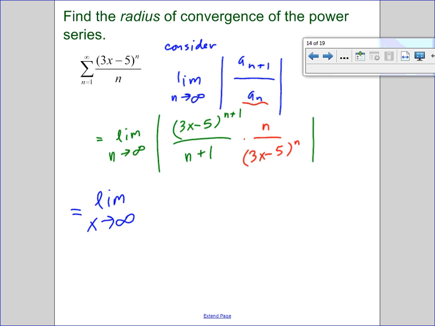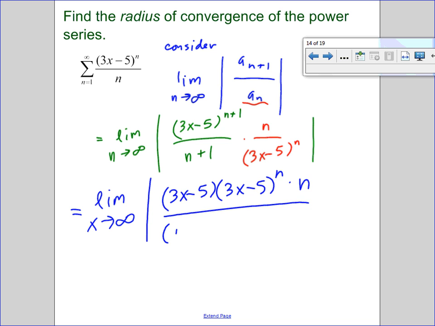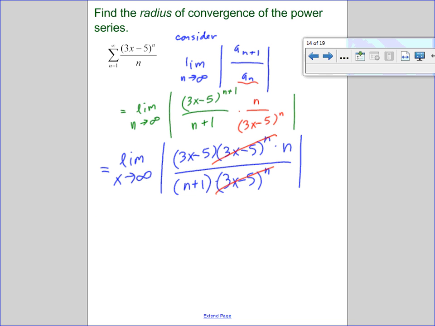And so that 3x minus 5 to the n plus 1, we can rewrite as 3x minus 5 times 3x minus 5 to the n times n on the ground floor over quantity n plus 1 times 3x minus 5 to the n. Cancel again. There goes our 3x minus 5 to the n. Looks like we've got n over n plus 1. I can pull that out front.